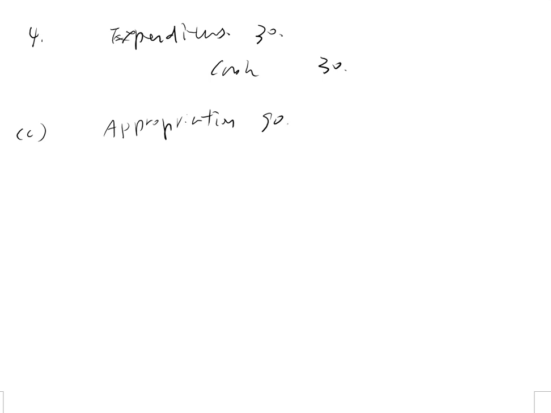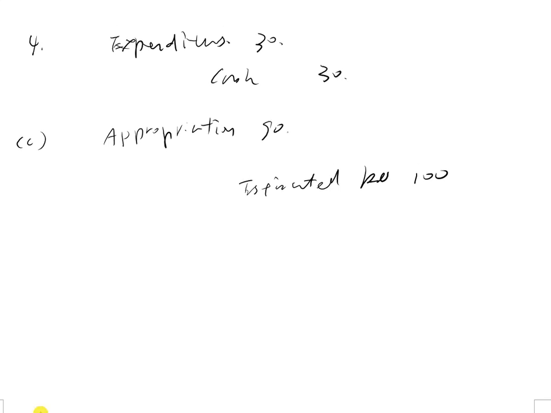And I'm going to credit the estimated revenue, 100. Then the debit, right, the budgetary fund balance.